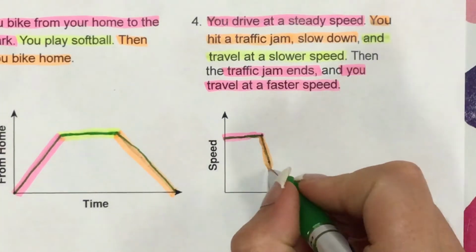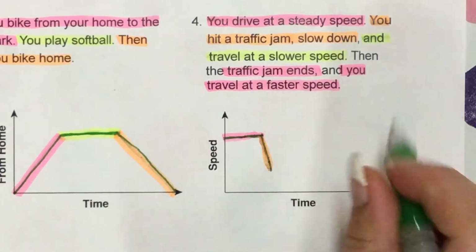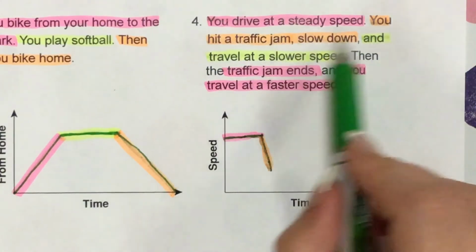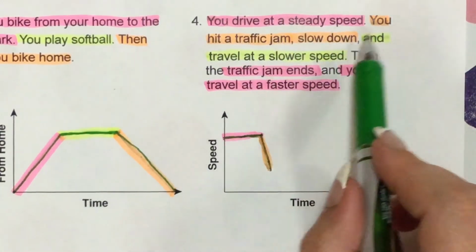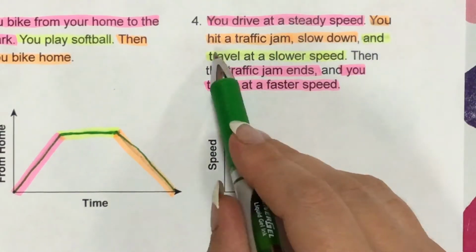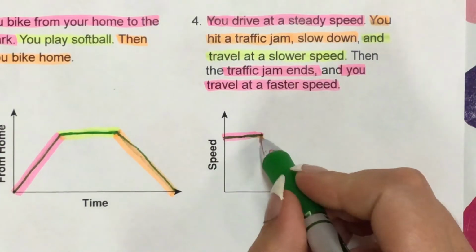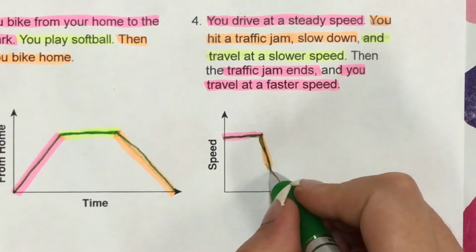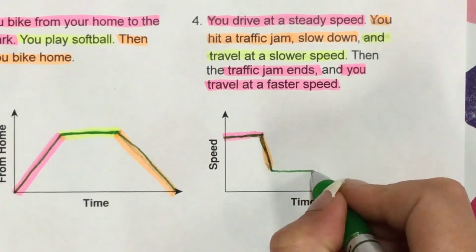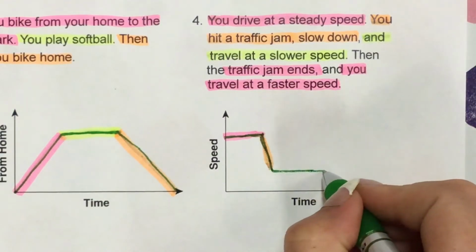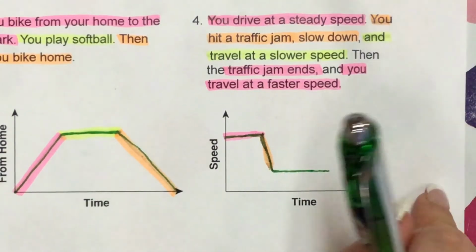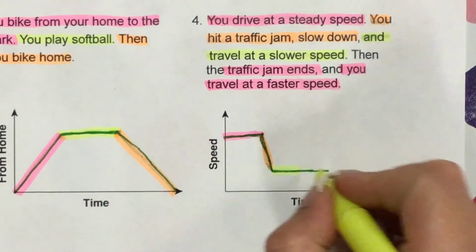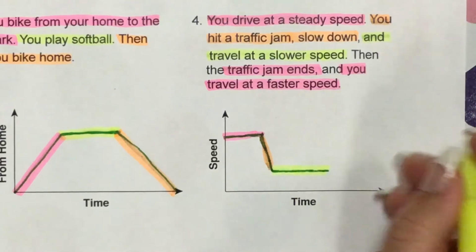It doesn't say you slowed down to a stop. It just said you slowed down. So we're going to slow down and then travel at a slower speed as time goes on. This would represent the yellow portion.